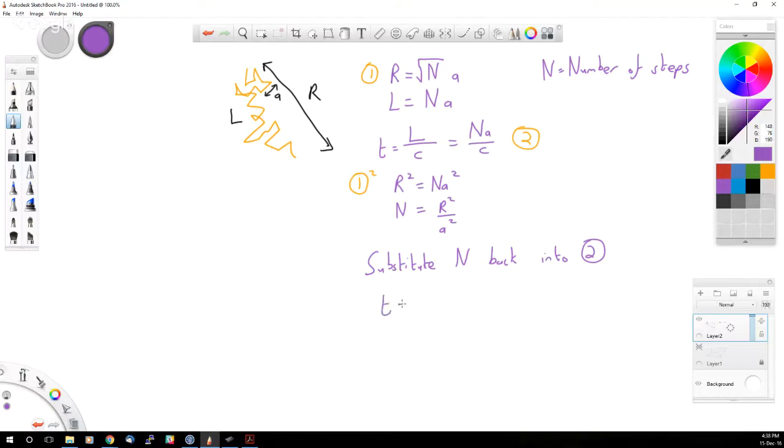So we have T equals N A over C. So that's R squared over A squared times A over C. That gives you, finally cancelling things out, R squared over A C. And R, A, and C are all things that we know. Therefore, you can use this to solve that problem.